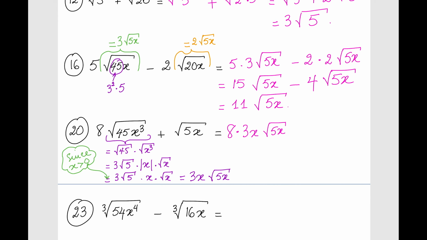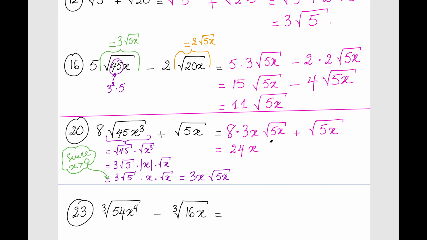I'm talking about number 20. Plus the square root of 5x, which is equal to 8 times 3 is 24, x square root of 5x plus square root of 5x.